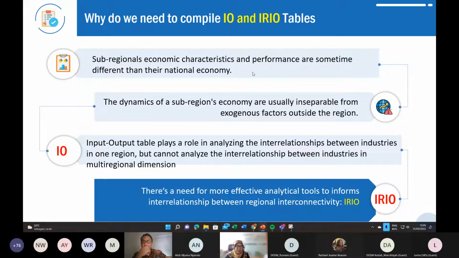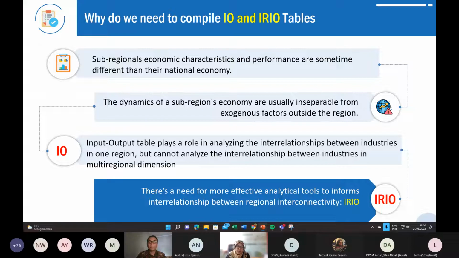So as you know, the sub-regional economic characteristic and performance are sometimes different than their national economy. There are dynamics on sub-regional level economy, which are usually inseparable from exogenous factor outside of the regions.